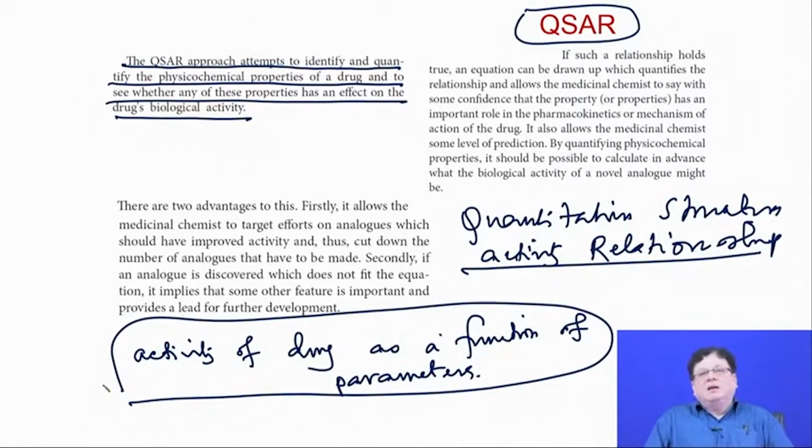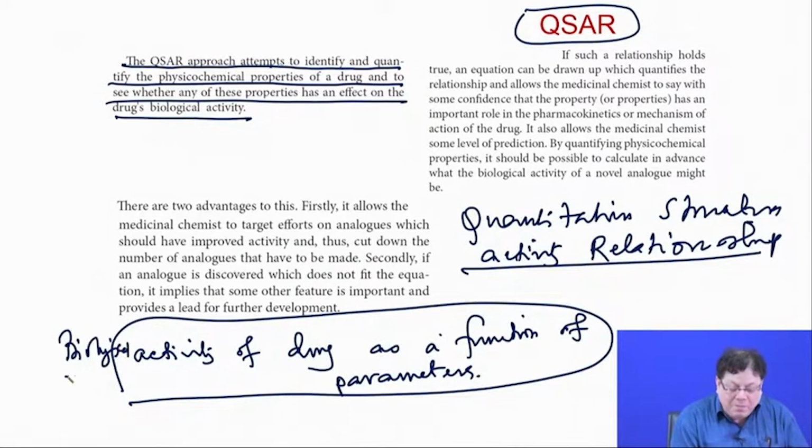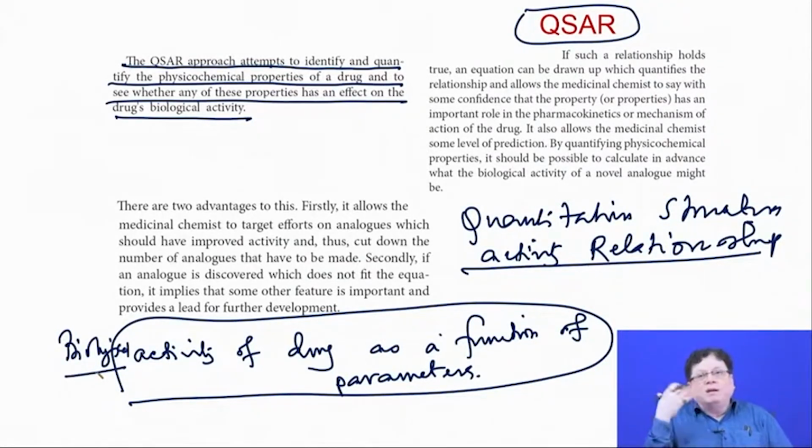It is like, if I see an organic molecule and ask what will be its chemical activity. See, here activity means the biological activity. We are not talking about chemical. Chemical activity, what do we do? We look at the functional group and say okay, this functional group is present, so it should give this type of reaction.